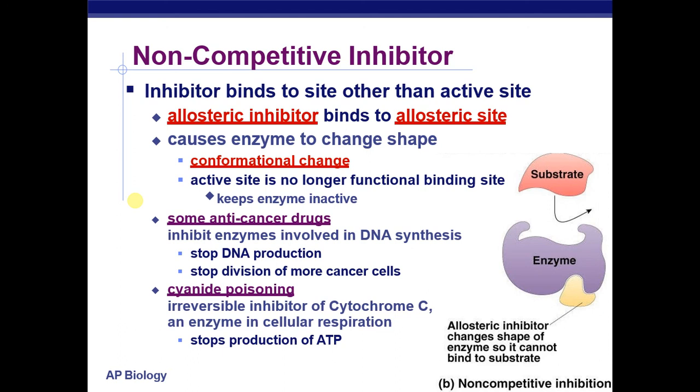Cyanide poisoning also does the same thing. It irreversibly binds to an enzyme that's necessary in cellular respiration, and it isn't able to catalyze its substrate to products, and so ATP in your cells isn't able to be made anymore.